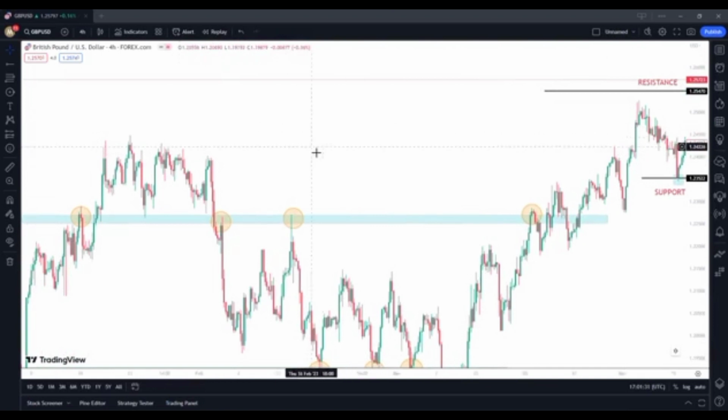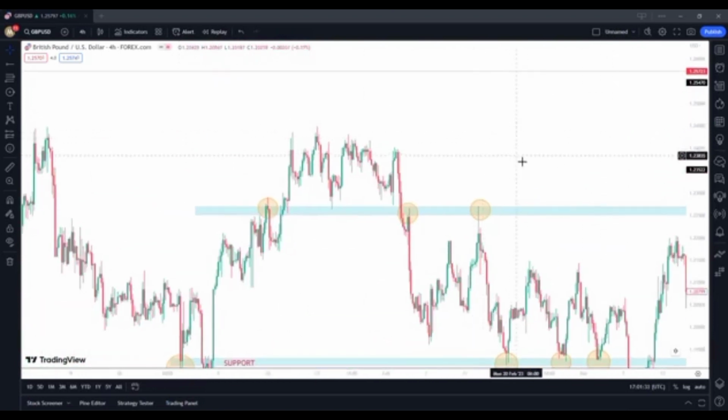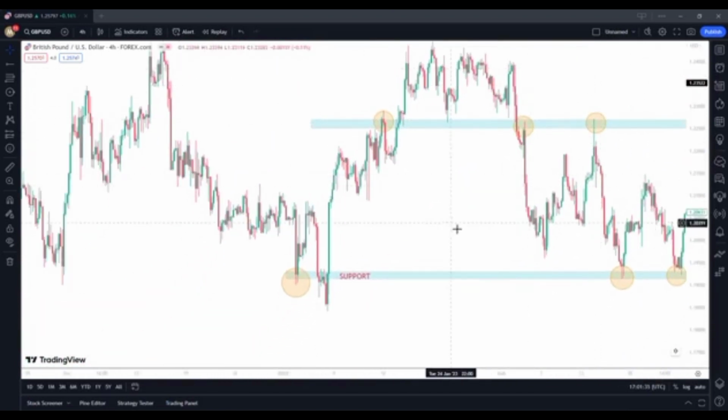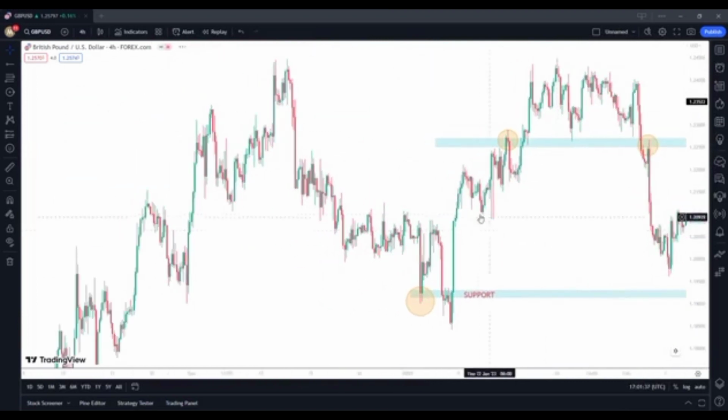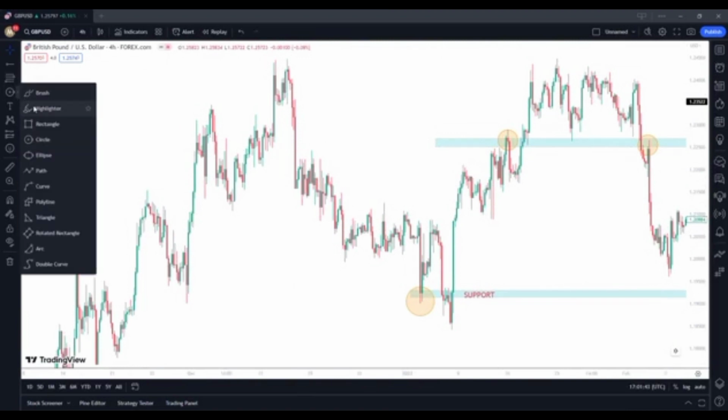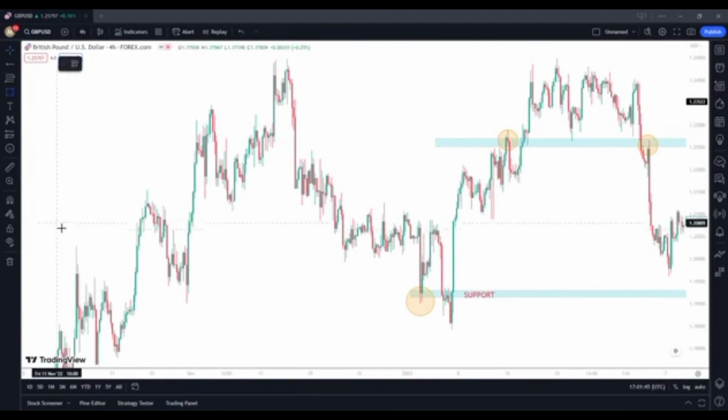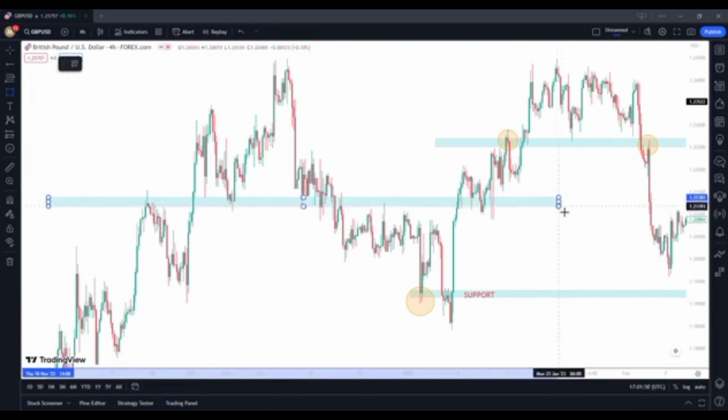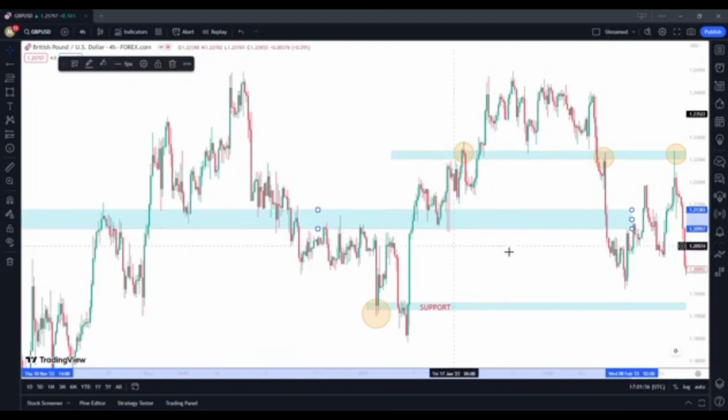If we take a look at it very well, these are very clear and distinct areas where the market had been reversing. So what is that telling us? It means that if these zones are projected into the future, there's every probability that the zones are respected again. I think I'm seeing another zone here.